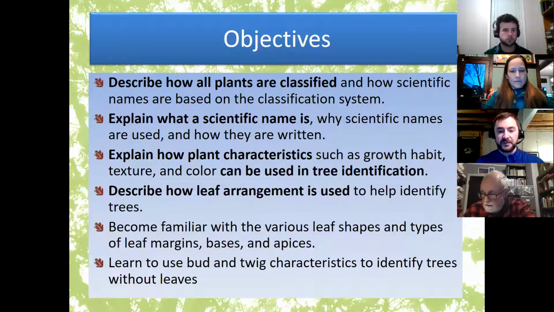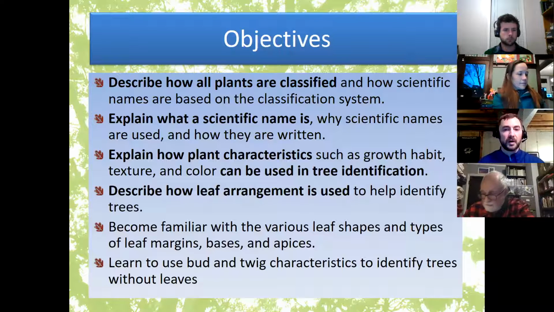I hope to leave you tonight not walking out to a tree and knowing by memory, oh, that's a redbud because it has heart-shaped leaves, but being able to stand up next to a tree and go through a thought process and end up at, oh, you know what, I'm pretty sure that's a redbud because of X, Y, and Z that we'll talk about.